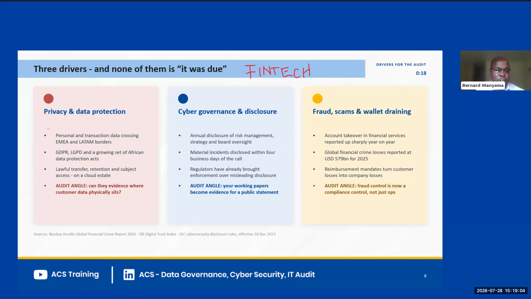We have personal data crossing borders. We have compliance and legal requirements that are coming up every other day. So many countries are now coming up with very specific and very far-reaching privacy and data protection requirements that must be complied with. Compliance is not optional.